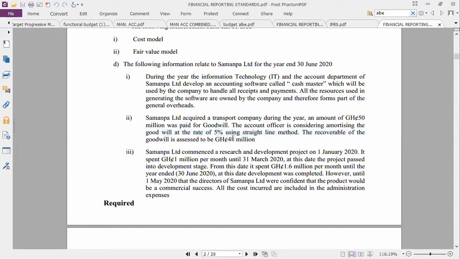So 50 million is the carrying amount here, and 48 million is the recoverable amount. Therefore, this goodwill of Samampa has been impaired by 2 million. So they have to record impairment of 2 million. That's what we will tell them.